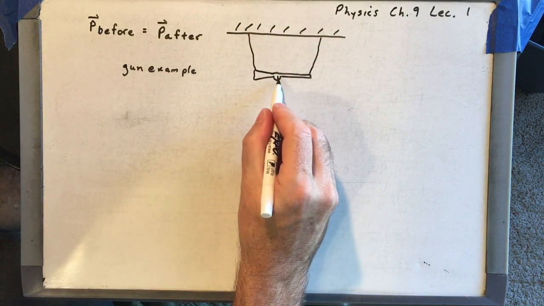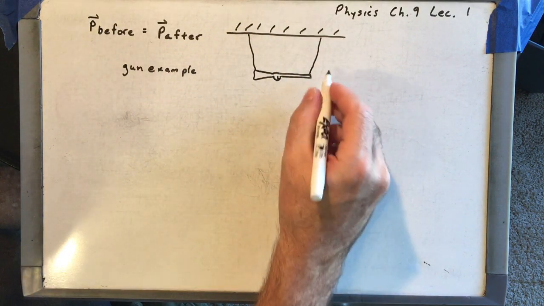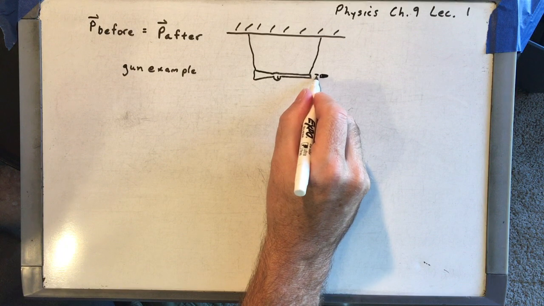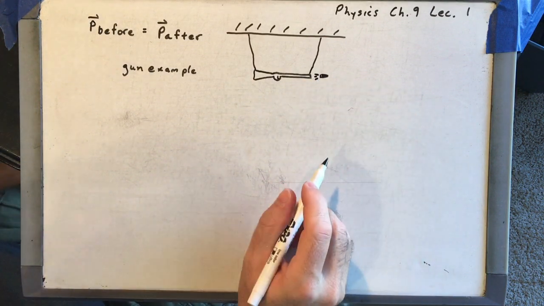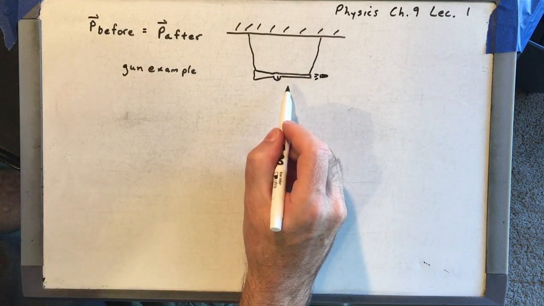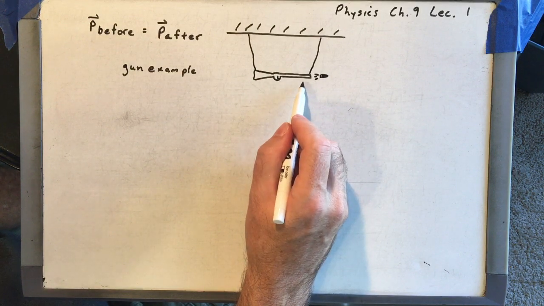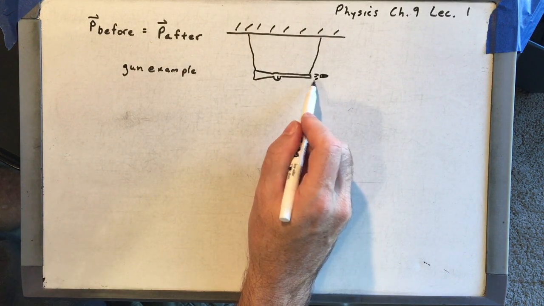And let's say that it's loaded, you were to pull the trigger, and so the bullet would go out that way. What is going to happen to the gun? If you've ever shot a gun, what does it do against your shoulder? Well, it recoils, right? But your shoulder stops it.